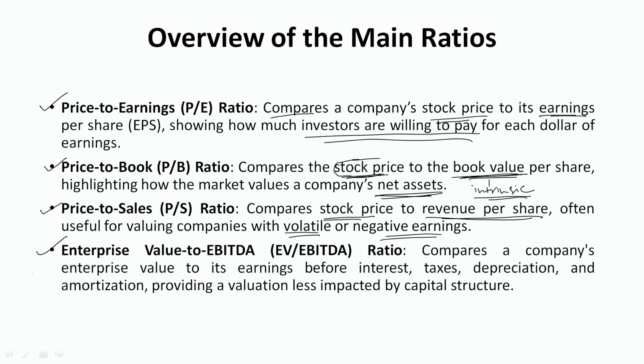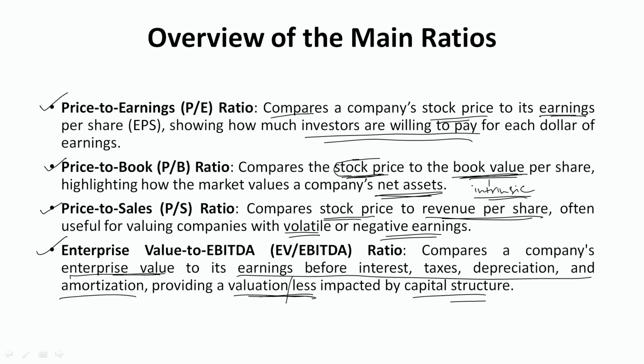The next one is again an important valuation method which is called the enterprise value to EBITDA. So this compares the company's enterprise value to its earnings before interest, tax, depreciation and amortization. And any valuation which shows lesser impact is going to have an impact on the capital structure.